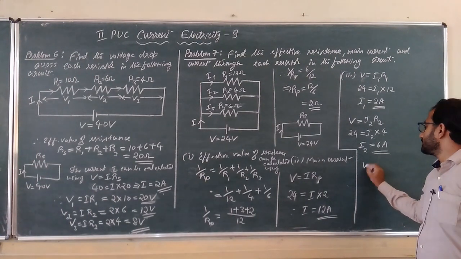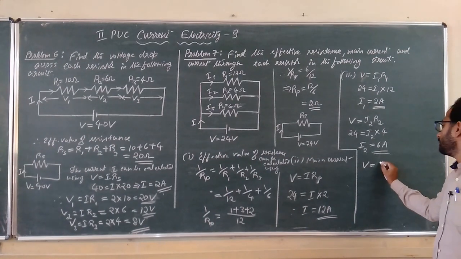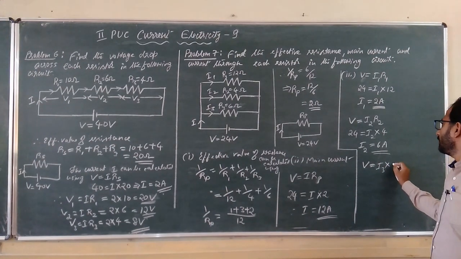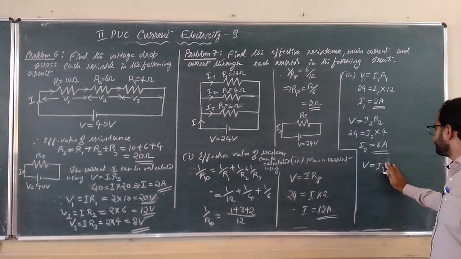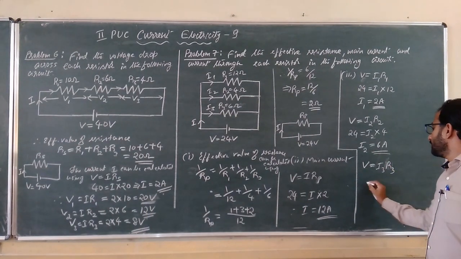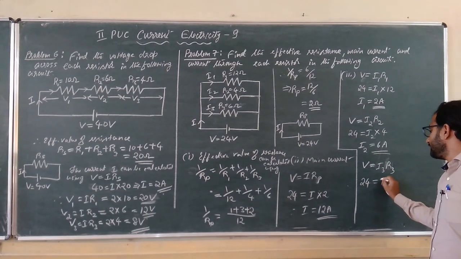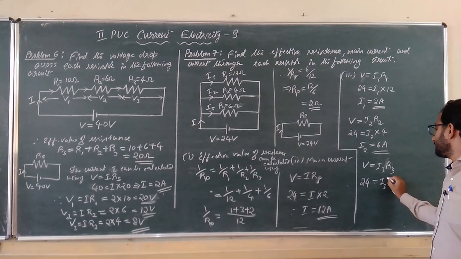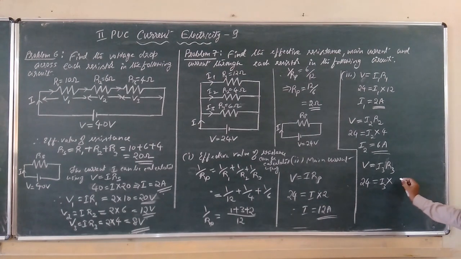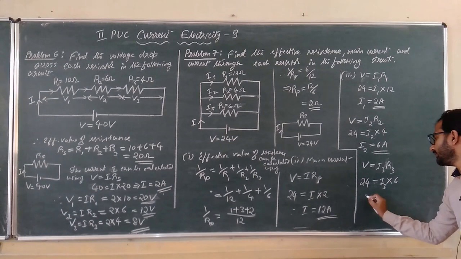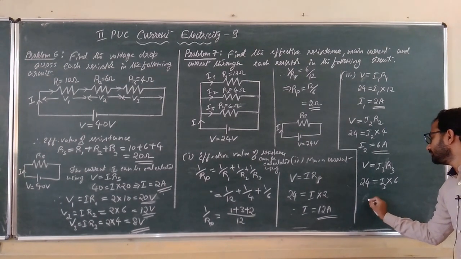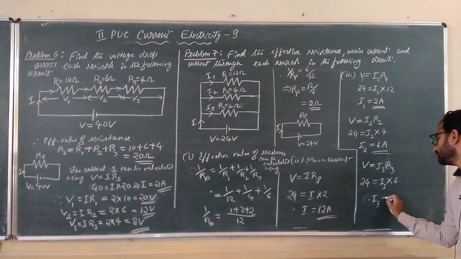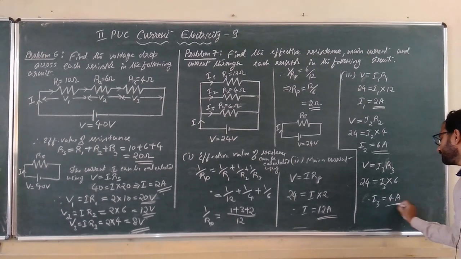Next, for the third resistor, V is equal to I3 into R3. V is 24, I3 is not known, R3 is 6 ohm. So I3 is equal to 4 ampere.